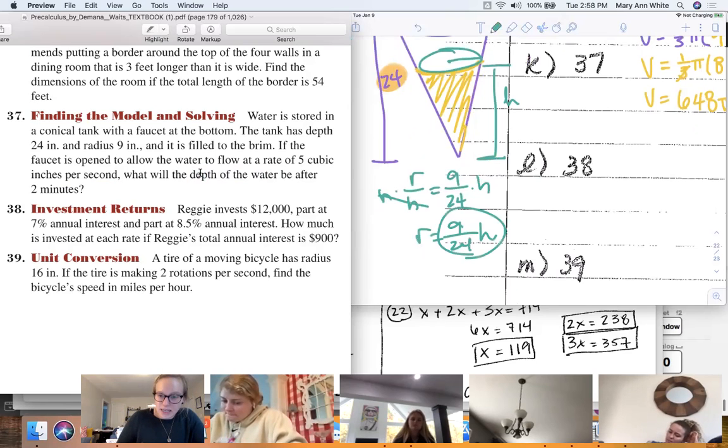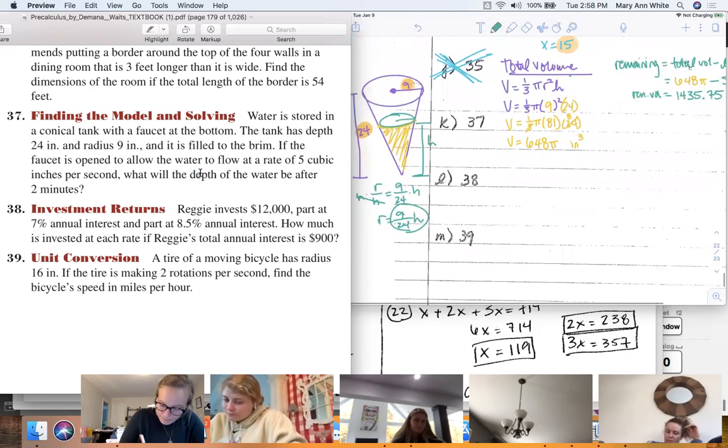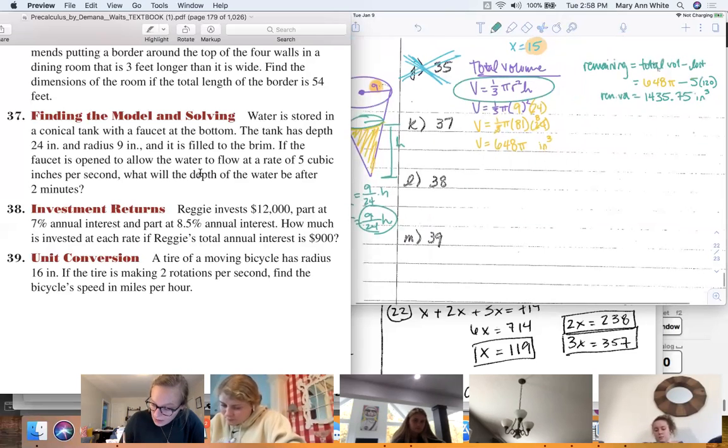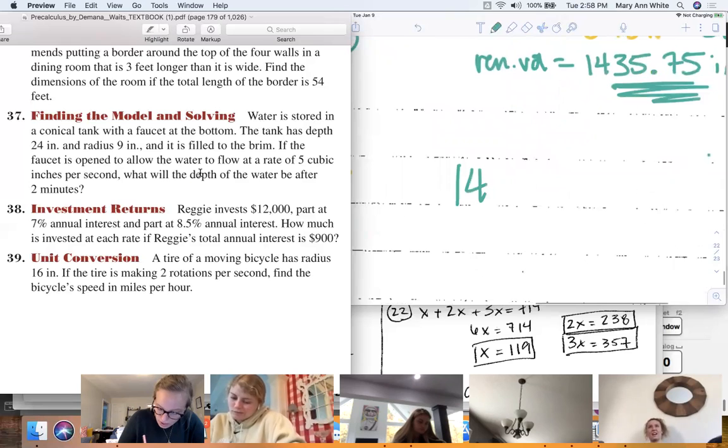And I can plug that into my volume formula to find H. The reason I'm going to plug it back into volume is because I just found remaining volume. I know my new volume is this 1,435.75.